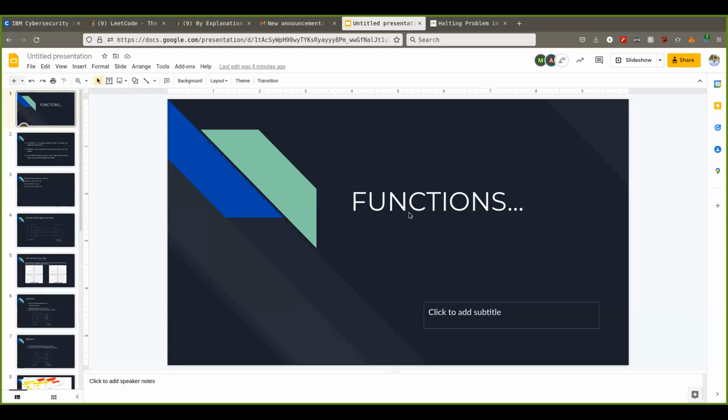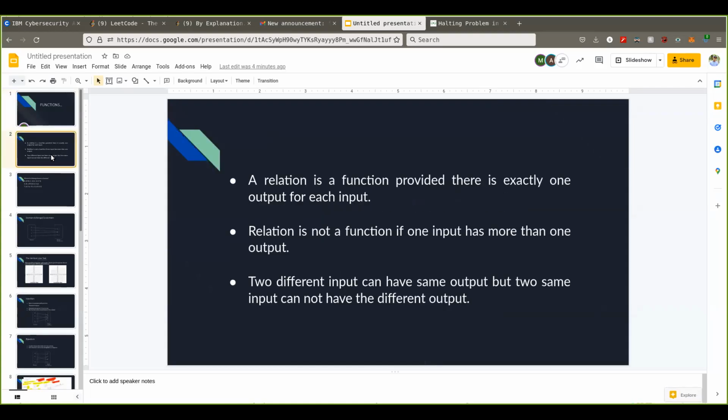Okay. So we are presenting about functions. A relation is said to be a function if there is exactly one output for a given input. If we give input A, it should always map to B. It should never go to some other output.